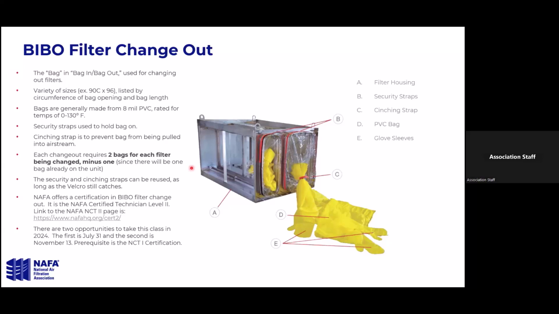The first is currently scheduled for July 31st, and the second scheduled for November 13th. I believe the July 31st one is in Chicago, and the November 13th one is in Washington, North Carolina. There is a prerequisite for that, and that's to go through the NCT1 certification, which can also be found on the NAPA website.